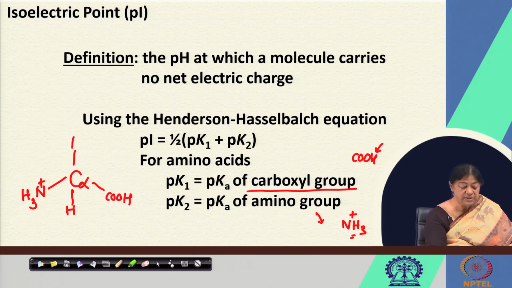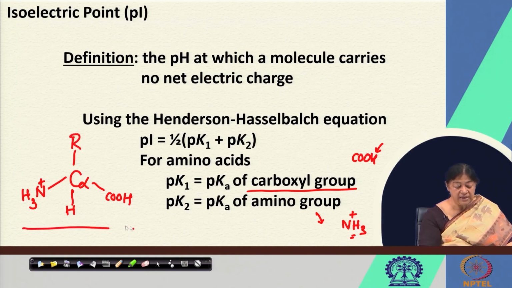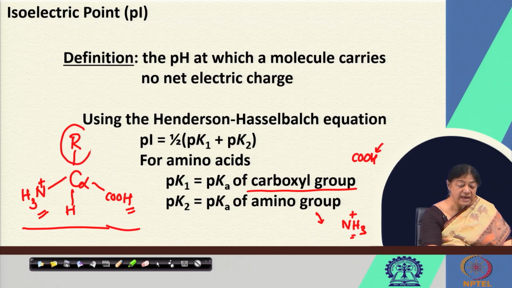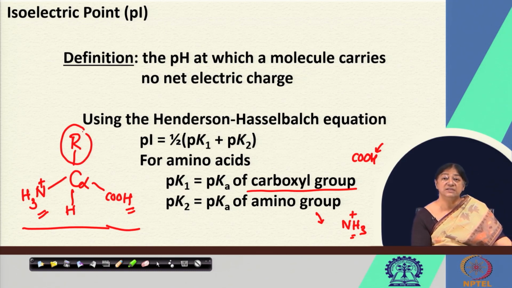This would be the characteristic of an amino acid at high acidic condition, which means that all the possible places or atoms are protonated, and the R group will then add additional acidity or basicity to the amino acid, which is what is important.